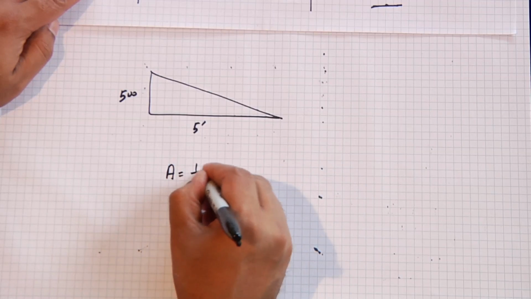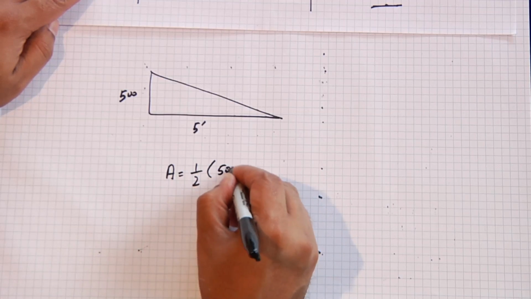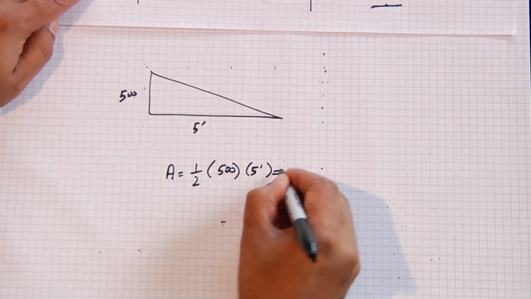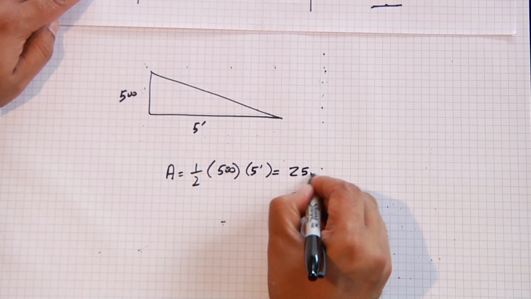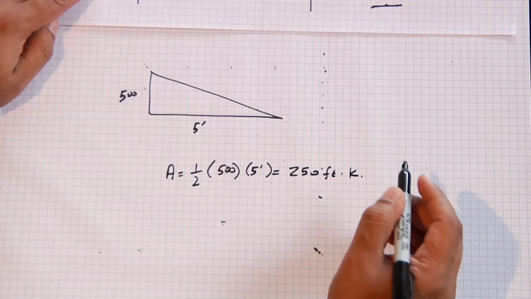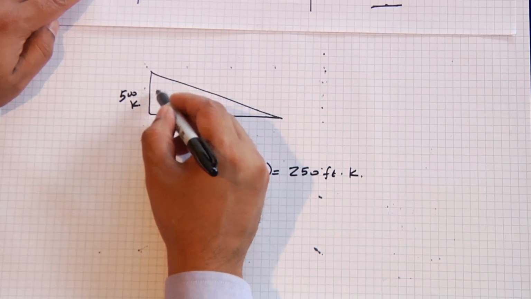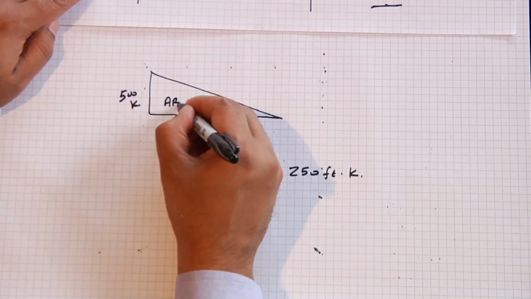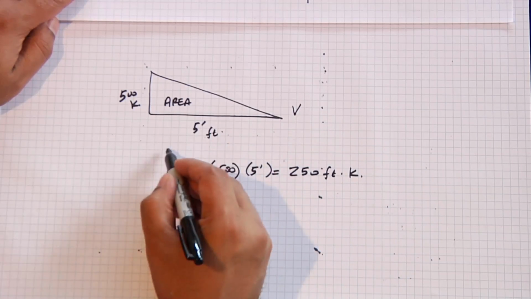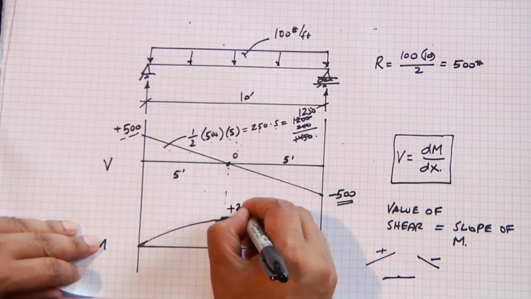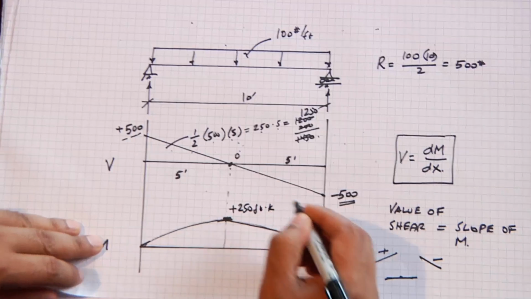The area under a triangle, 1/2 the height times the base, becomes 250. And the units are foot kips because this is in kips, this is in feet. That gives us the area. This area under the shear diagram is equal to this maximum moment, 250 foot kips.